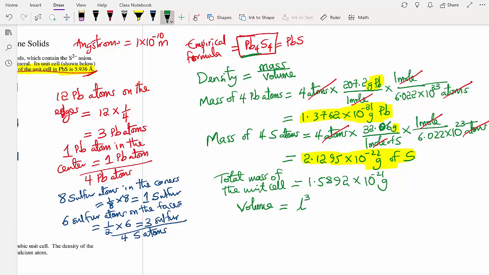So in this case, that will be equal to 5.936 times 10 to negative 10. Remember, angstroms means 10 to negative 10 meters raised to power 3.